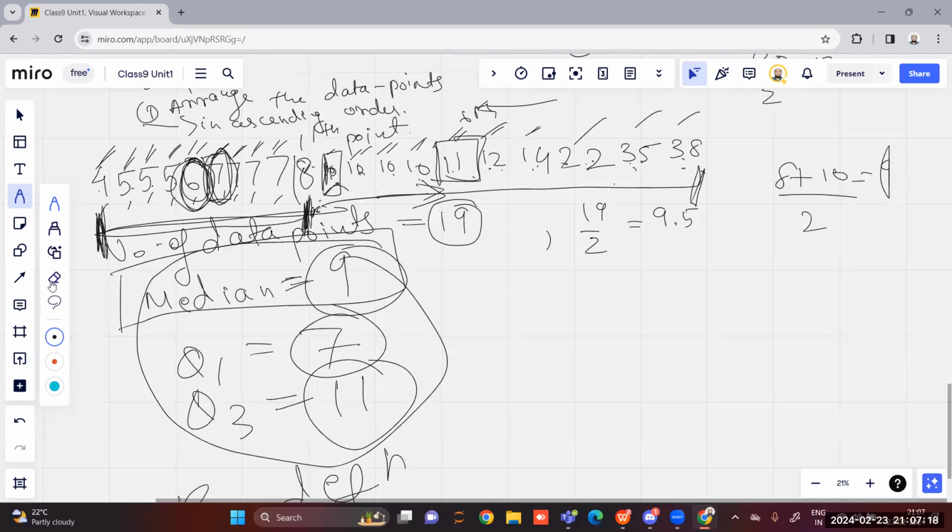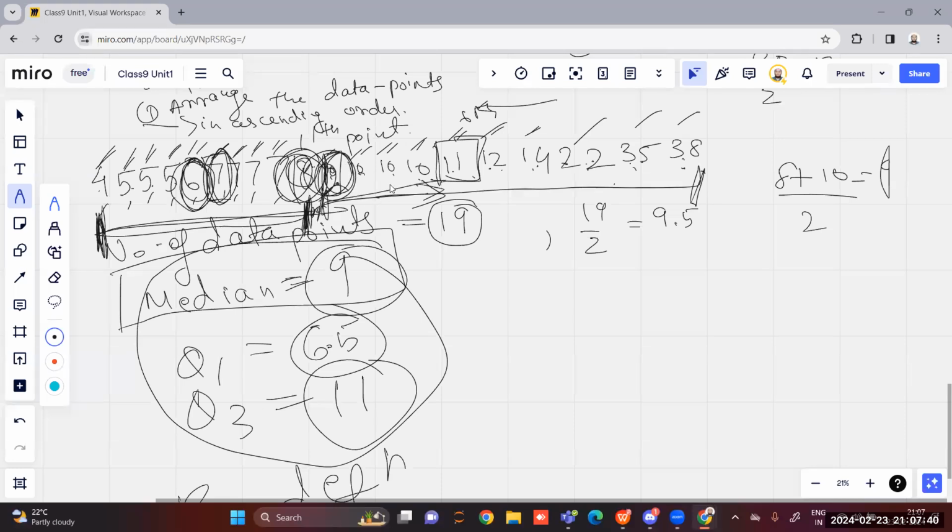Yes. So the average of 6 and 7 is 6.5. Correct? Next, 8 was the middle point from the left, and the 10th was the point from the right.